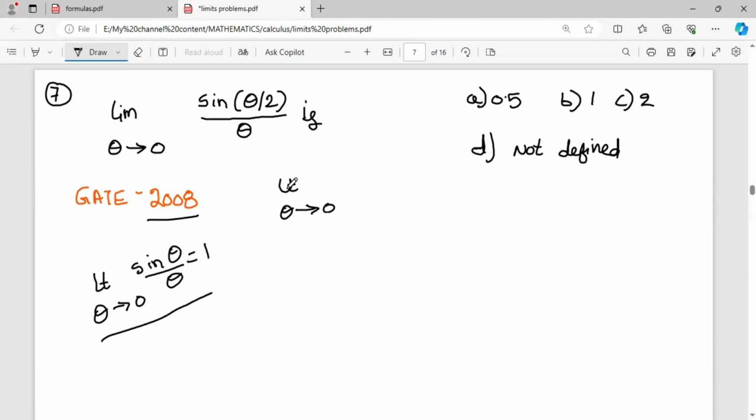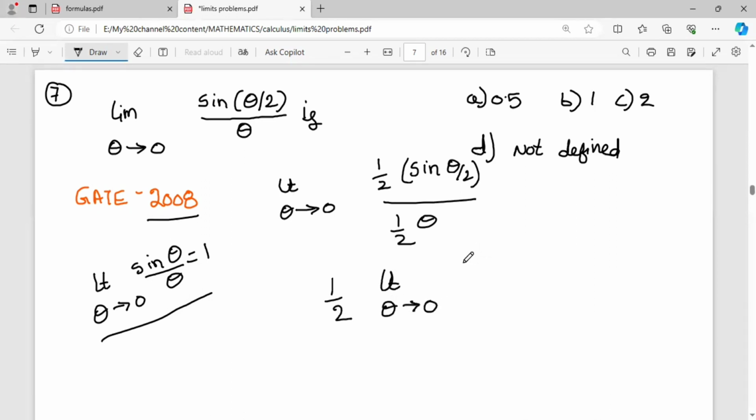So limit theta tends to 0. In the numerator, multiply with 1/2: (1/2)/(theta/2). Take that term 1/2 as an outside constant.